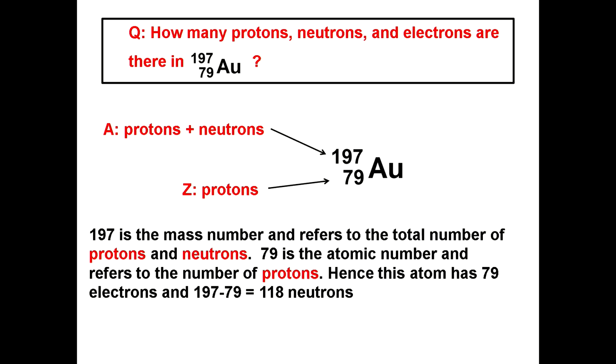And this number minus this number is the neutron number. So here 39 is the atomic number, and the proton number is this. The proton number should be equal to the electron number, so the electron number is also this. And this number minus this number gives you the neutron number. Any questions for this one? No. Good. Okay.